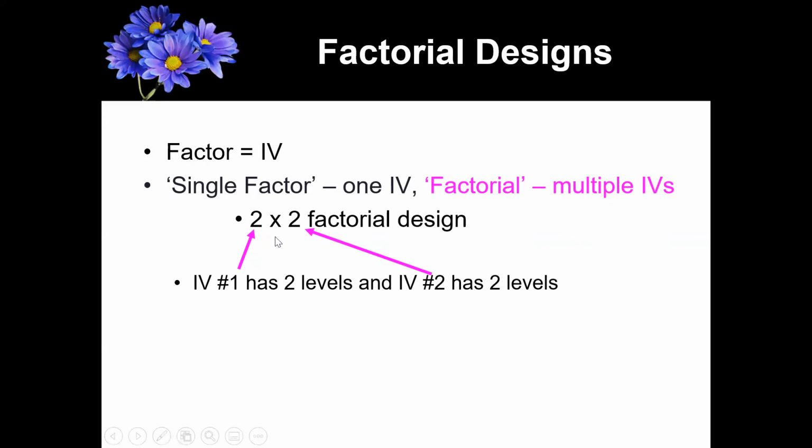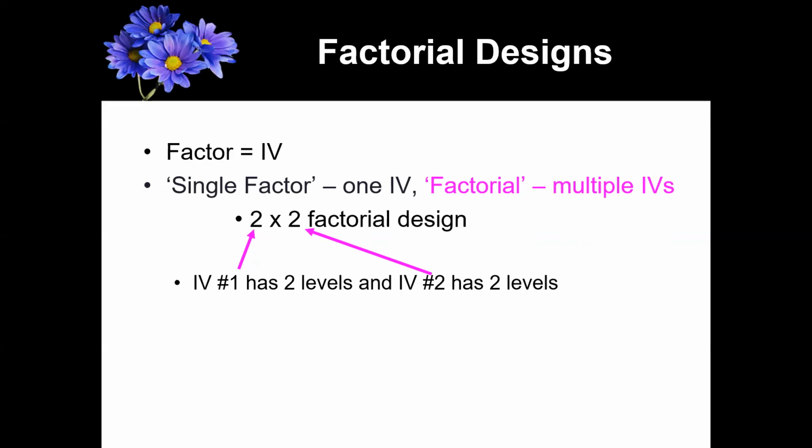So keep in mind that, and try to be clear on this, having more than two levels is not a factorial design. Having more than one independent variable is what makes a factorial design. Remember, each independent variable has to have two or more levels, two or more conditions, right?